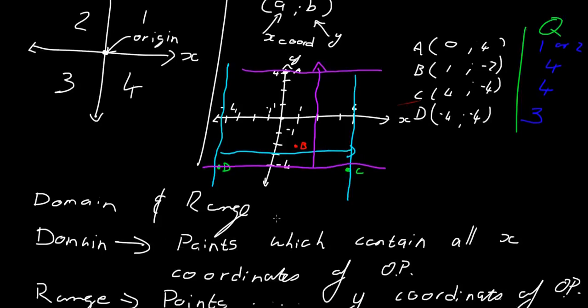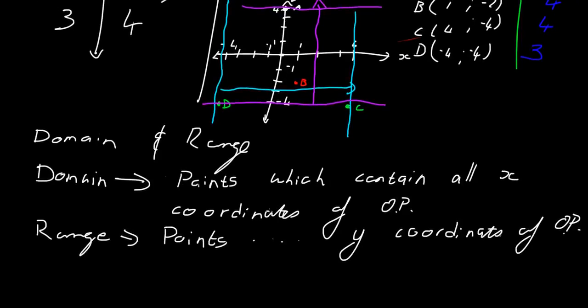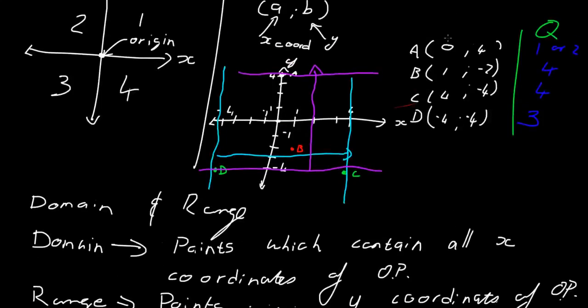So for our ordered pairs, it's very simple. Basically, for the domain, we just write out all of the x points that exist. So all of our domain is in this color. We write out all of our x points here.